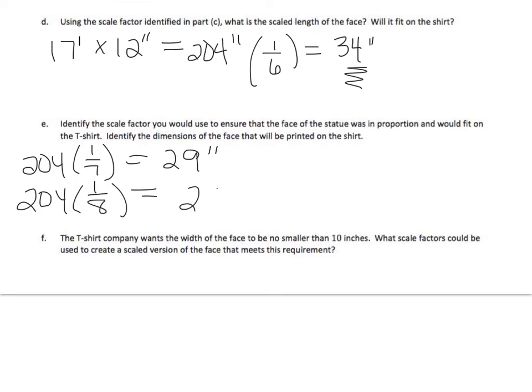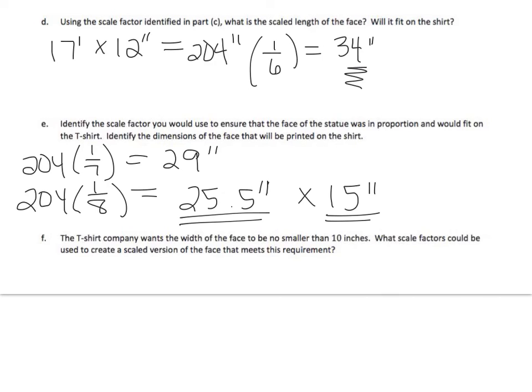That gives me 25.5 inches. I think that'll work. So it looks like a scale factor of 1/8 would give us 15 inches for our width, and our length would be 25.5. So that's definitely going to work.